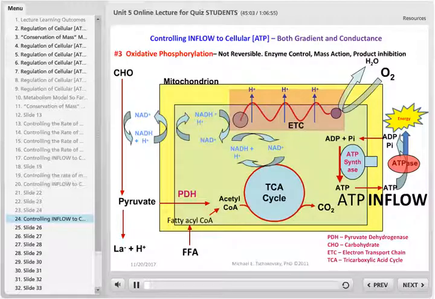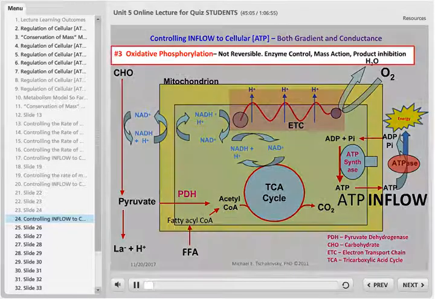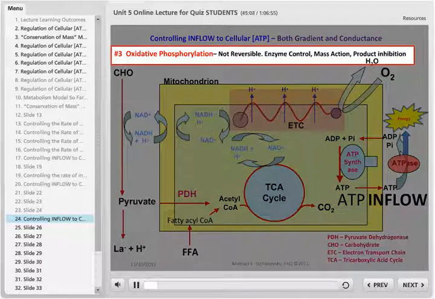So now we have to look at this highly complex oxidative phosphorylation metabolic pathway. It's not reversible. There are mechanisms controlling enzymes, there's mass action, and there's product inhibition control of enzymes.